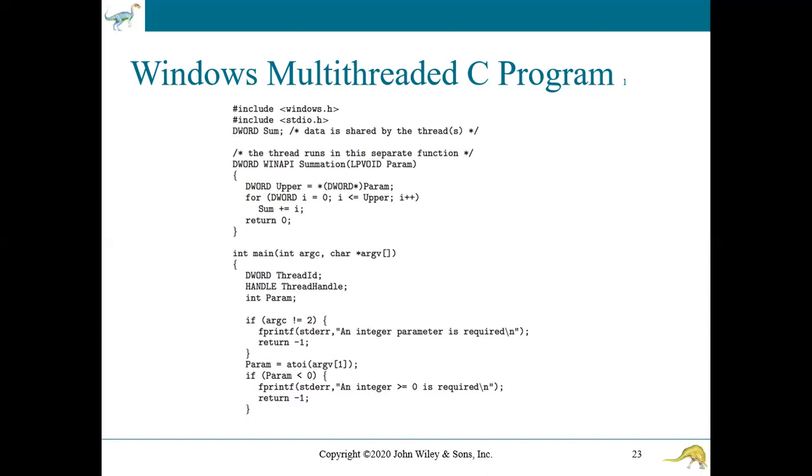Normally we write down integer sum, right? So this is data shared by the threads. The sum is defined here.